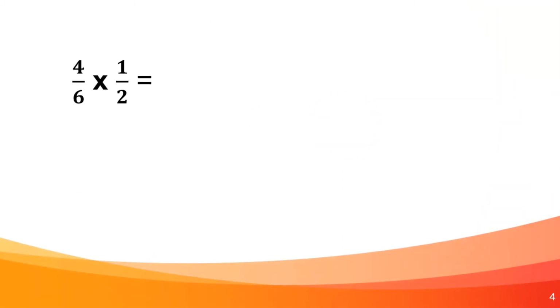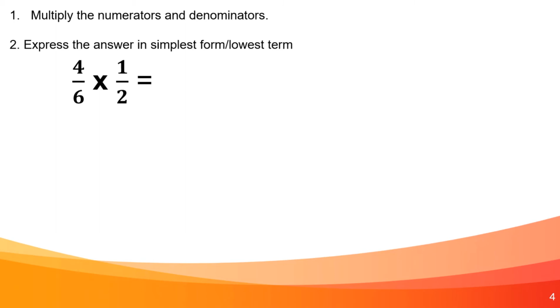So, let us try multiplying fraction by fraction. In multiplying fraction by fraction, multiply the numerators and the denominators. Express the answer in simplest form or lowest term. So, multiply lang natin yung numerators natin ng 4 and 1. So, 4 times 1, that is 4. 6 times 2, that is 12. So, 4 over 12 is not yet in the simplest form.